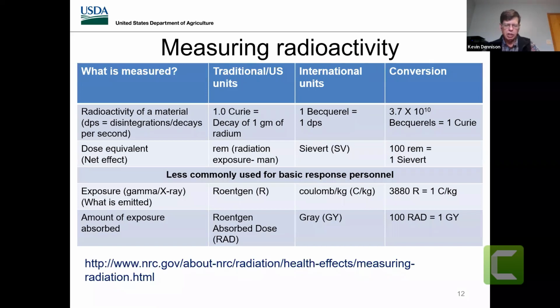But if you talk about kilobecquerels and picocuries, the radiation units get very confusing very quickly if you're not careful. When we talk about dose equivalents, which are the most common thing we use in response, there's a rem and then a sievert, and 100 rems equals 1 sievert.